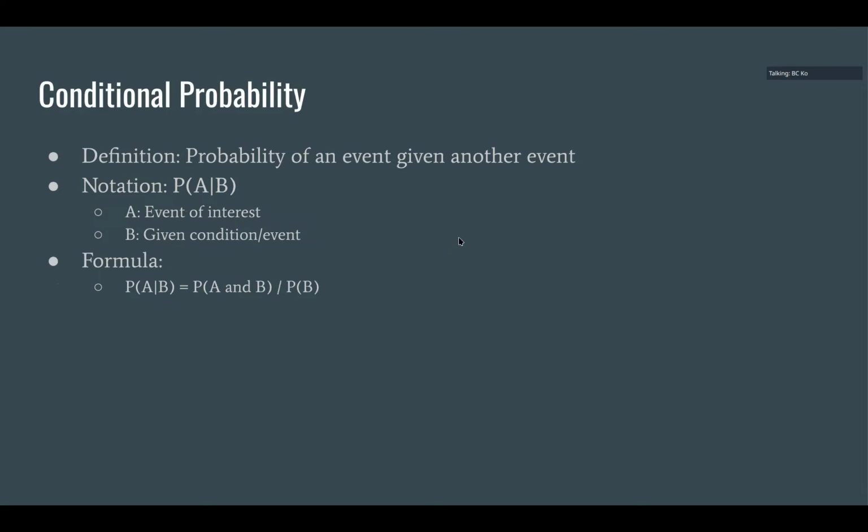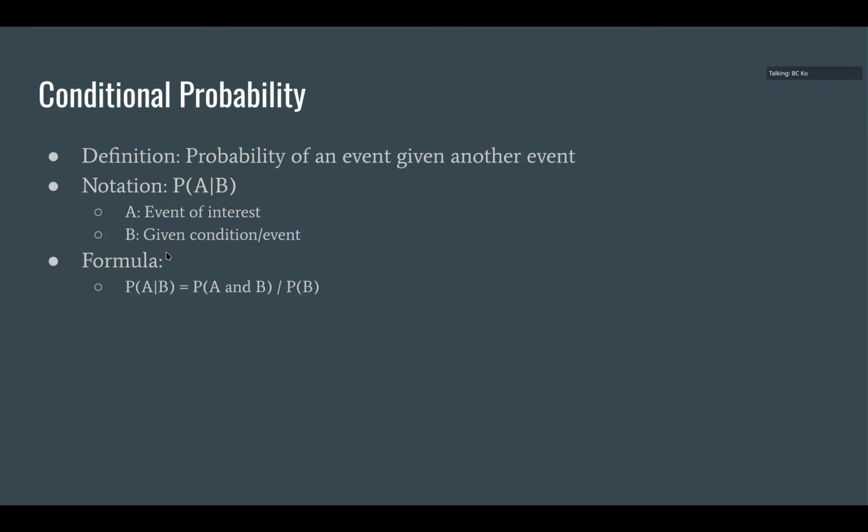So we denote conditional probability as P of A given B. So A is the event of interest, and B is the given condition or event that has already occurred.